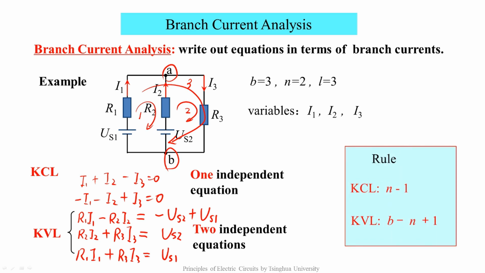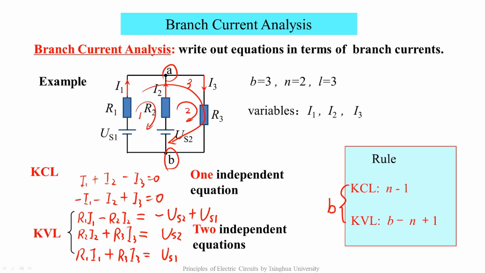We can expand this conclusion to general circuits. For a circuit consisting of B branches and N nodes, we can write out n-1 independent KCL equations and B minus n plus 1 independent KVL equations. The number of KCL equations corresponds to the number of independent nodes, and the number of KVL equations corresponds to the number of independent loops.